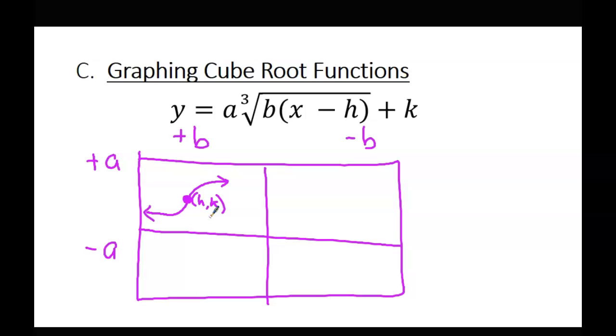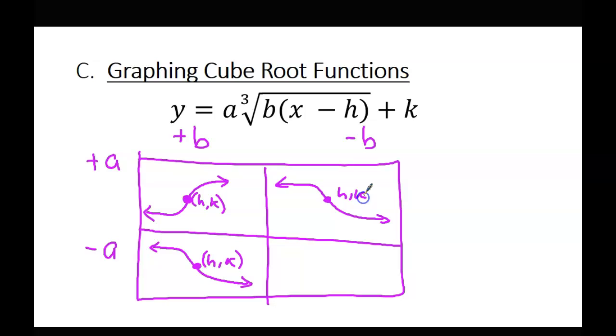If your A is negative, that flips the graph upside down and it looks like this. If your A is positive, but the B is negative, it flips it sideways and it looks like this.